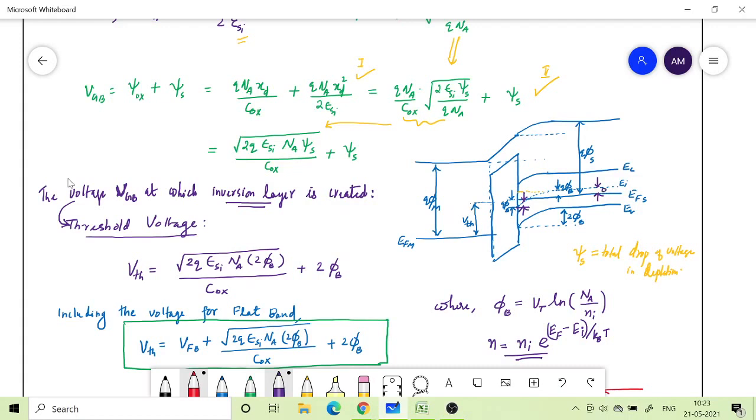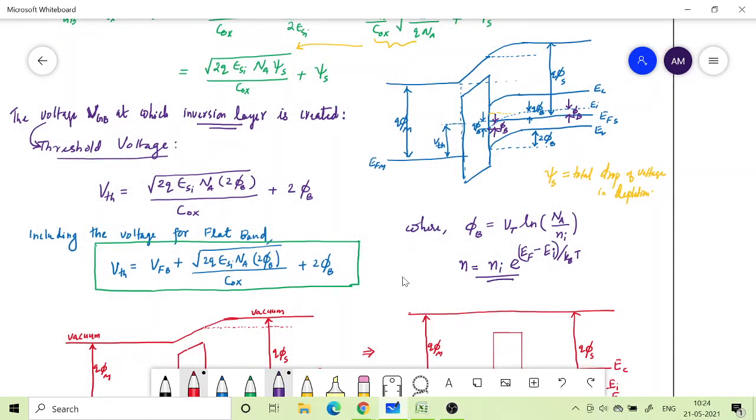We call this phi b. So if I bend by phi b downward, then I have the same amount of electrons near the interface as there are holes in the bulk region. The same relationship applies for holes also.